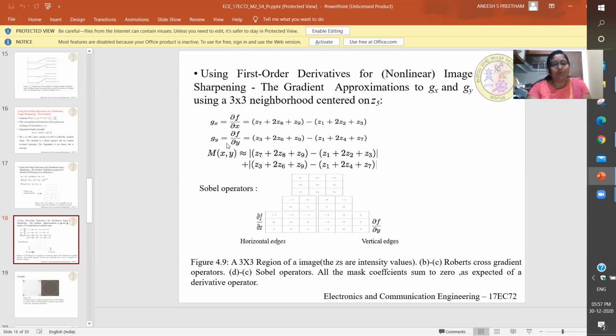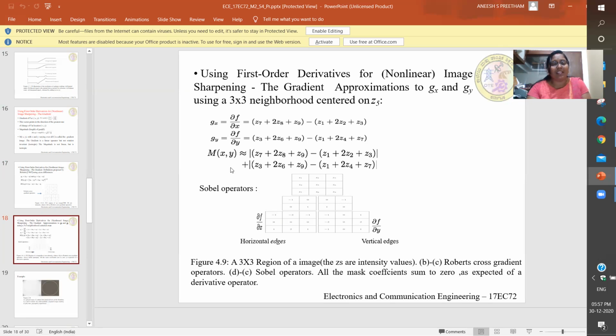Gy is equal to del f by del y is equal to (z3 plus 2z6 plus z9) minus (z1 plus 2z4 plus z7).